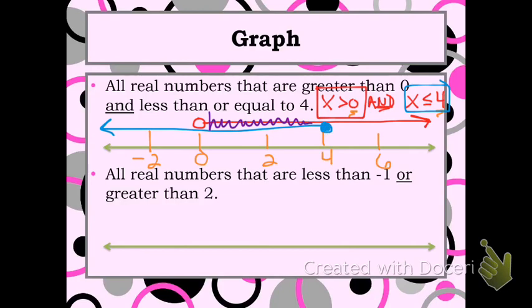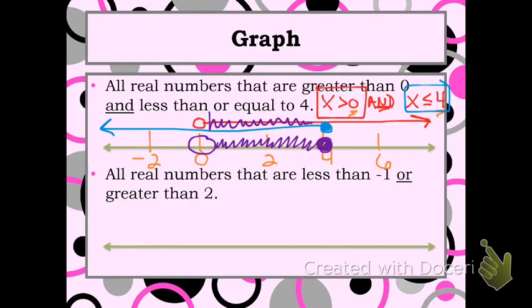So our final answer is, where do red and blue make purple, which would be from 0 to 4, not including 0 because there's only blue on 0, there's no red because of that open circle, including 4 because 4 has both red and blue, and everything in between as well. So again, and means both. You have to mix them together to make that new color.